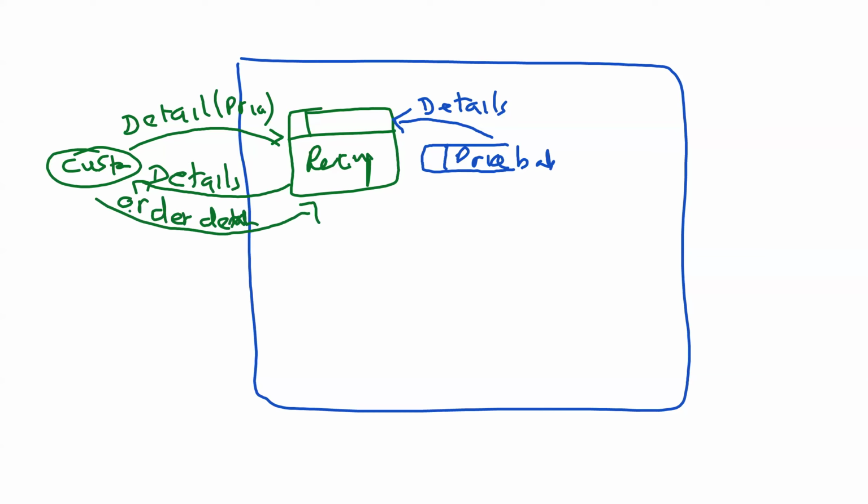And then what? There is another book, because as the receptionist told, that particular person can't remember everything. So he's going to store them in a book. Order details, he's going to store.